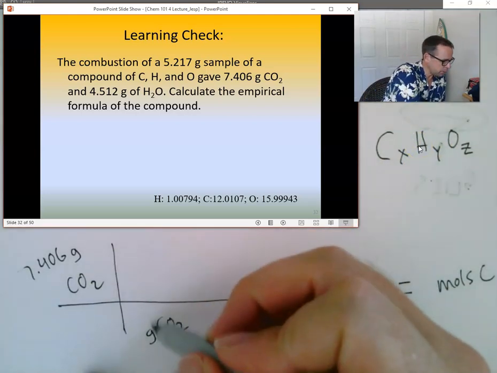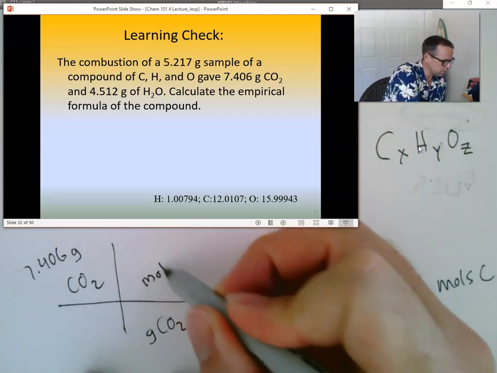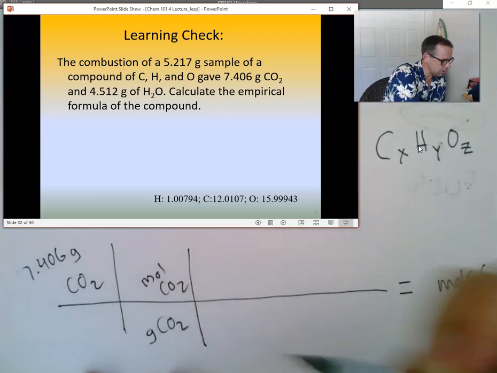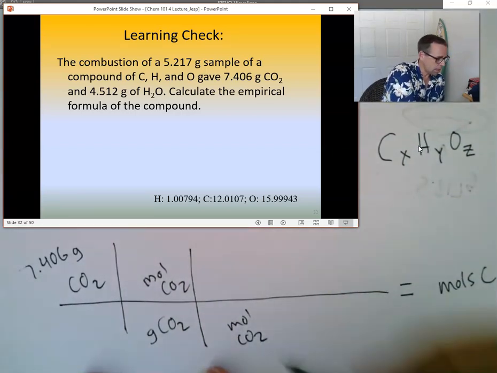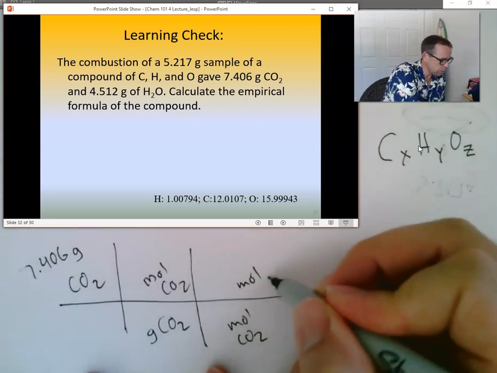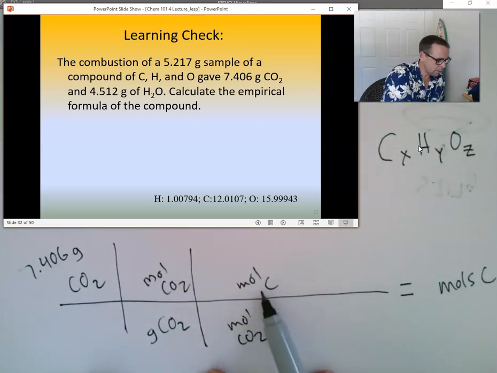So if I go from grams to moles of carbon dioxide, then from moles of carbon dioxide, I can go to moles of carbon, because I can see how many moles of carbon, and that's what I want, are in every mole of carbon dioxide.